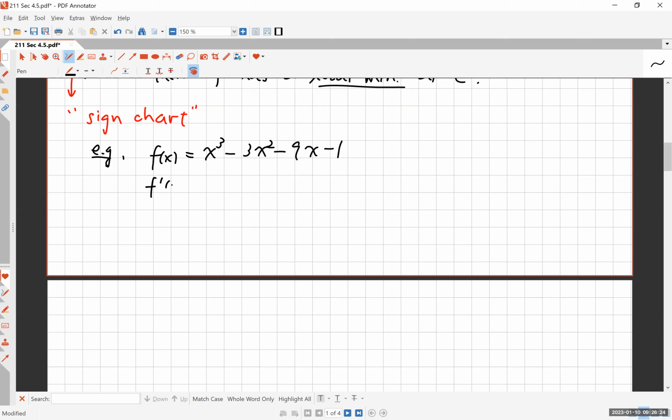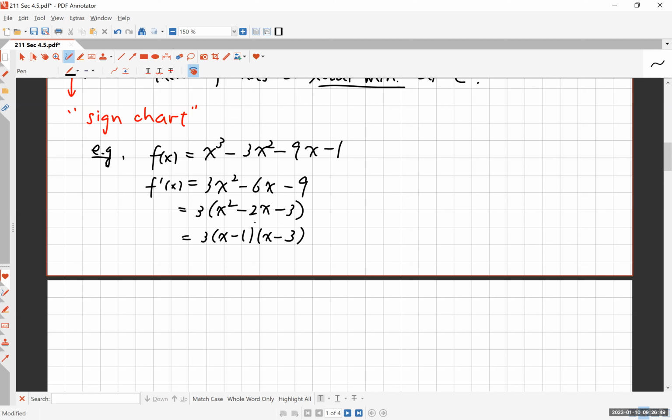You take the derivative, because that's what we want to study: 3x squared minus 6x minus 9. You can factor this. You can take out 3: x squared minus 2x minus 3. Can you also factor this into x minus 3 and x minus 1? Would it work? No, of course it doesn't work.